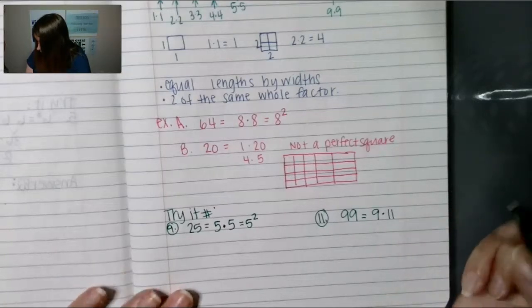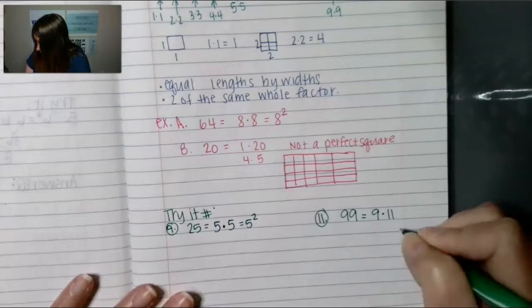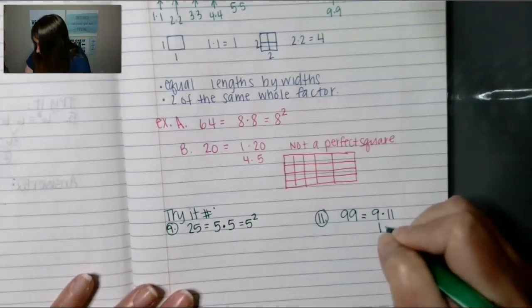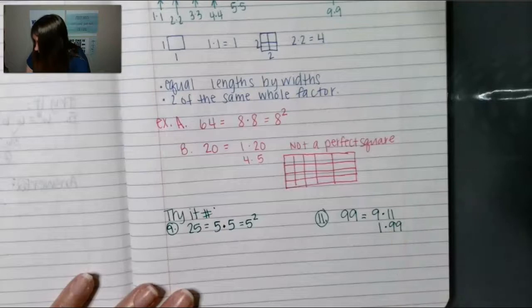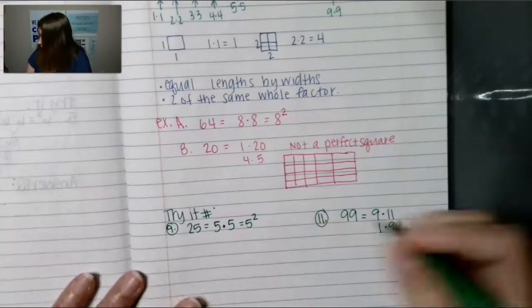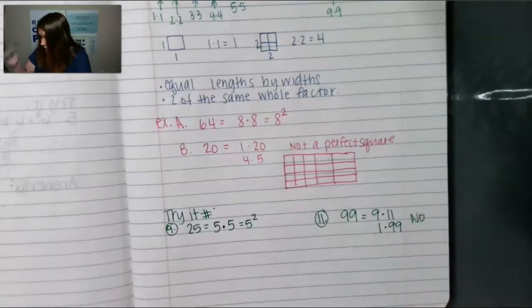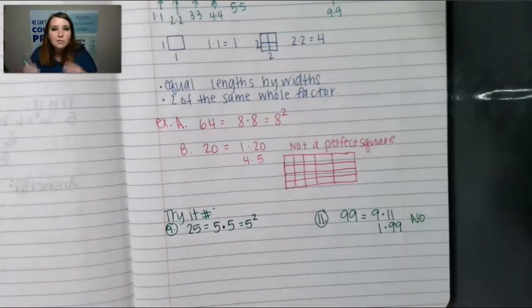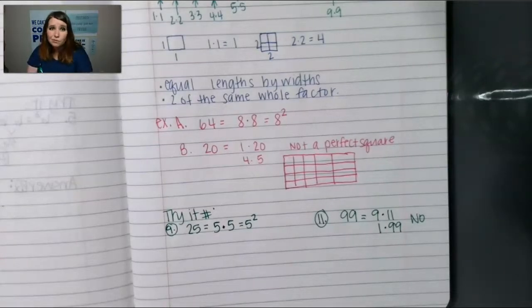I also know that I can make it by going 1 times 99. So neither of those are perfect squares. So this one cannot be a perfect square just because it doesn't have 2 of the same exact number. So not a perfect square.